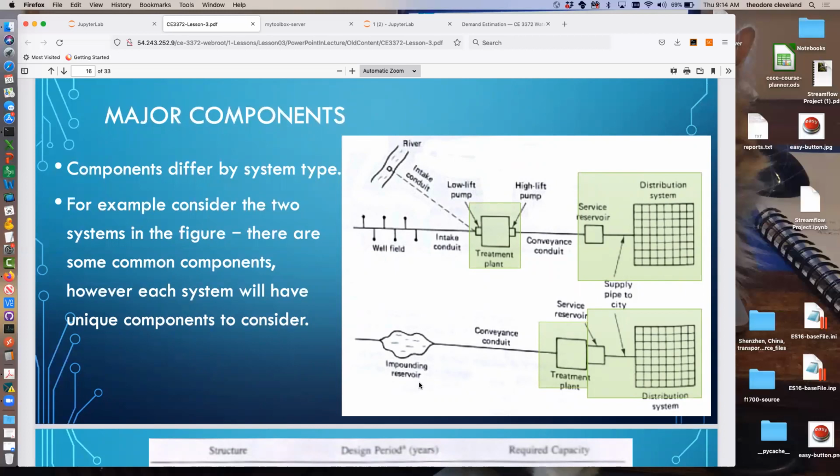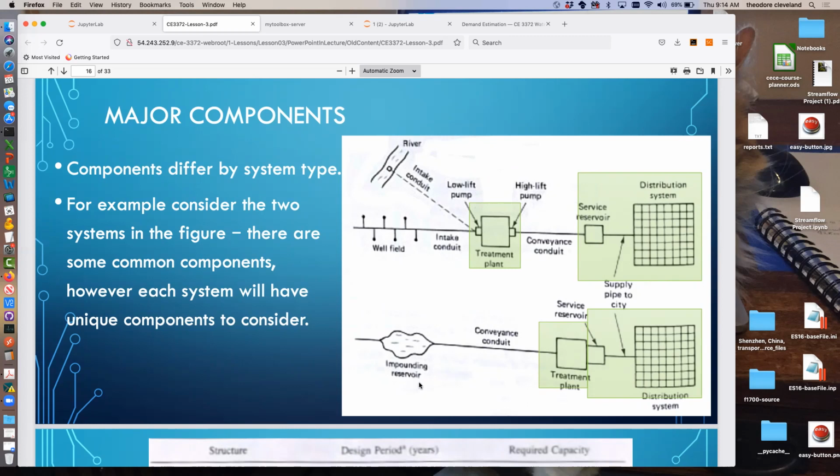Then we move further upstream into the system, and there's a treatment plant, and then finally, feeding into this treatment plant is a mixed supply. They're taking one portion from a river in the picture, another portion comes from a well field. So that is a perfectly adequate water distribution system if that's the situation.